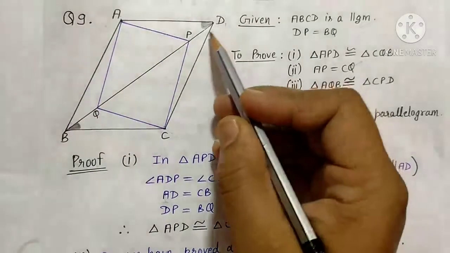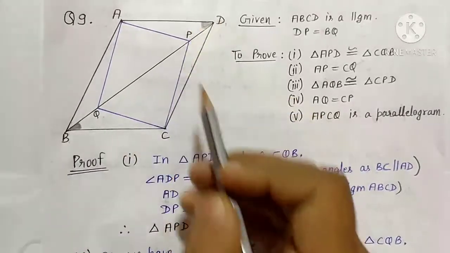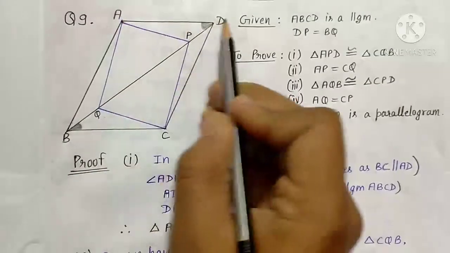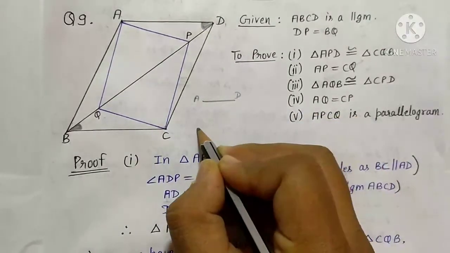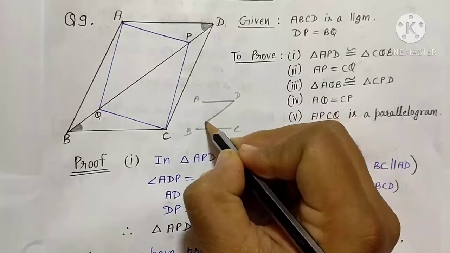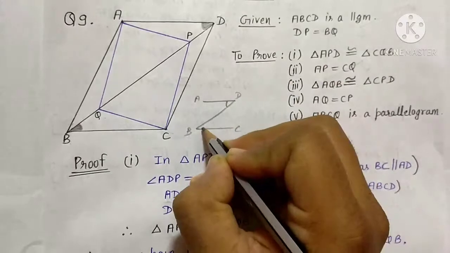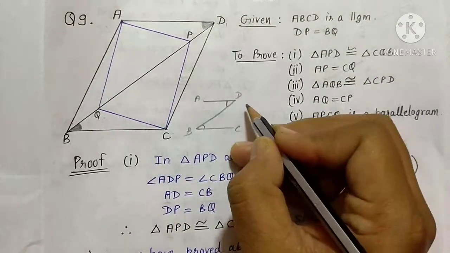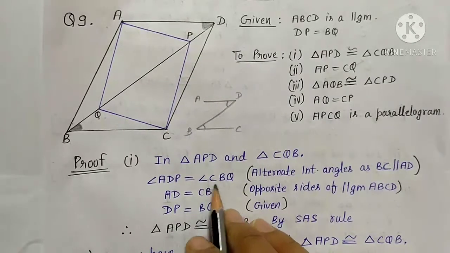Because they are making a pair of alternate angles, because BC and AD are parallel. See, AD and BC are parallel, and this line is working as a transversal. So this angle and this angle will be equal as alternate interior angles. So by this we have said that these two angles are equal.